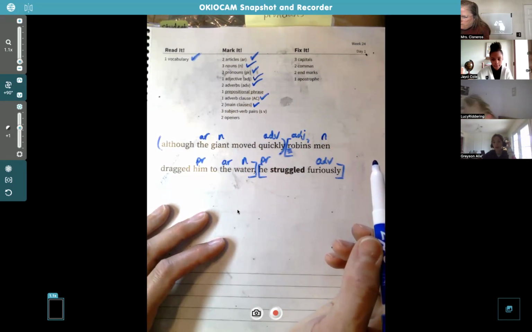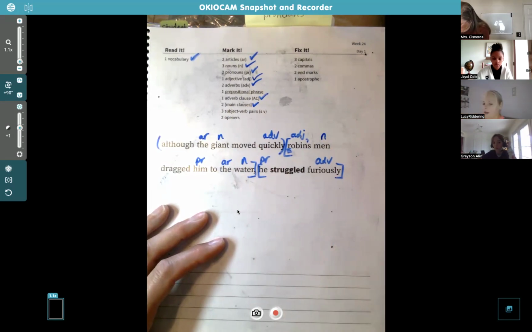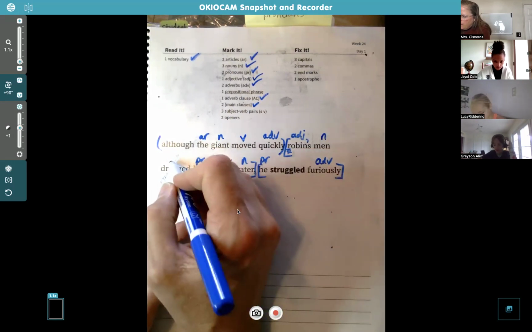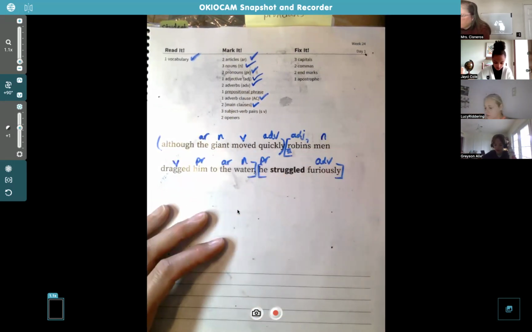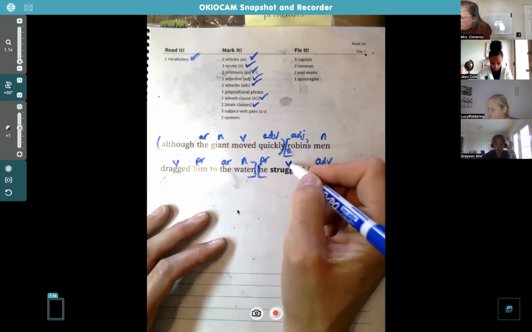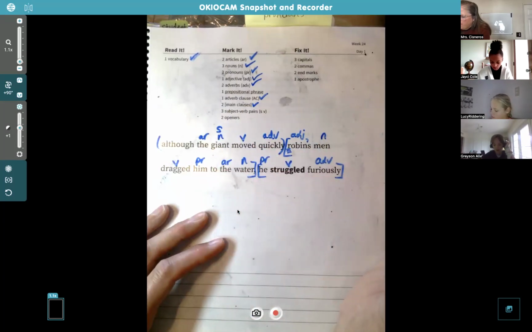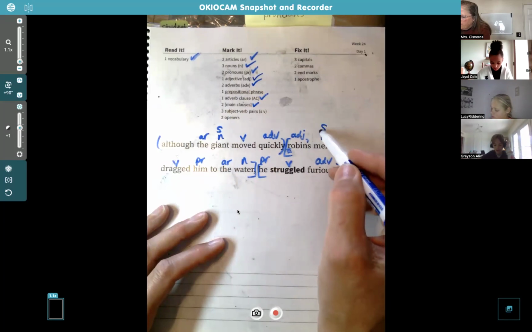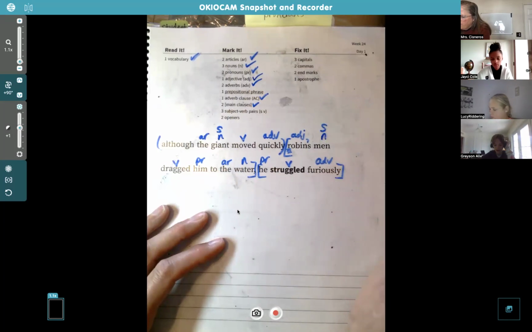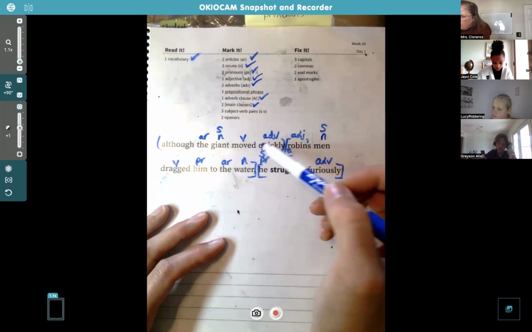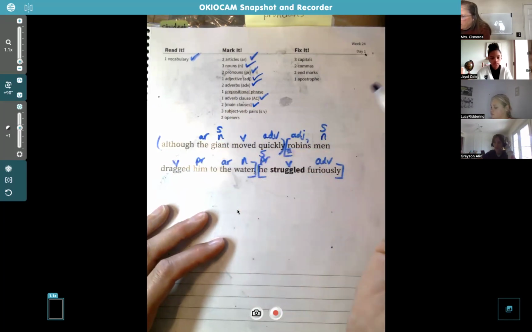I can do them together. Okay, go ahead. Moved, dragged, and struggled. Good. And giant is the subject, men, and he. So we got giant moved, men dragged, he struggled. Good job. That's correct.